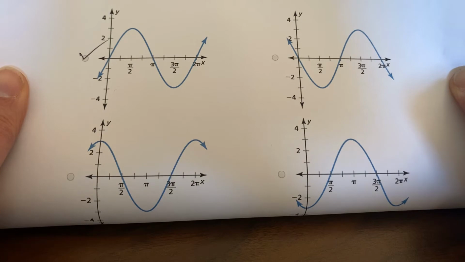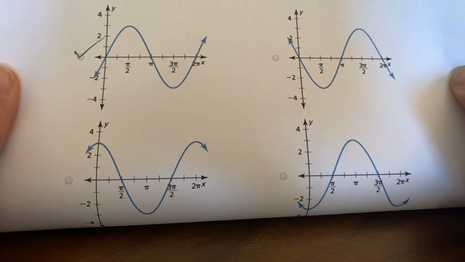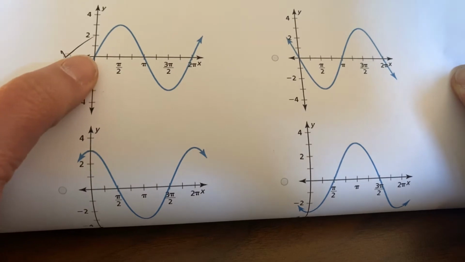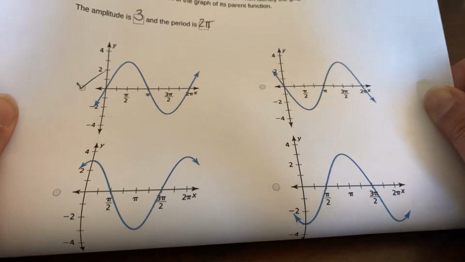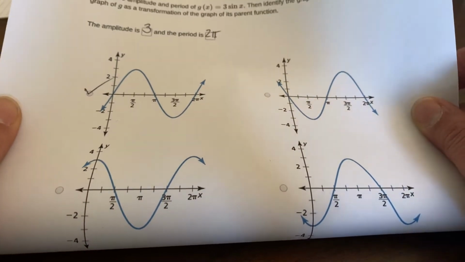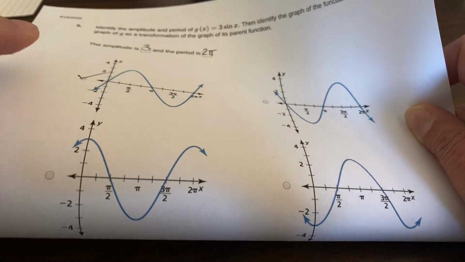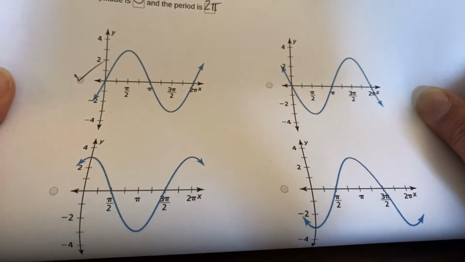But we know that this is a sine function, and sine functions typically go through the origin, right? If there's no horizontal shift to the left or to the right, the sine function goes through the origin. And if there's no sign change, it's going up through the origin.